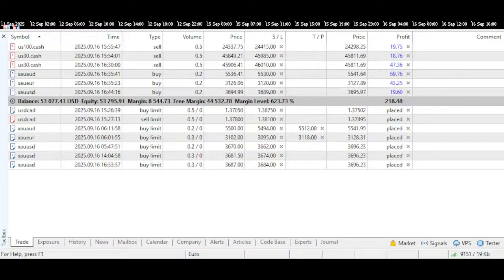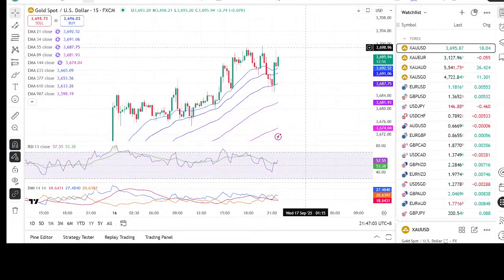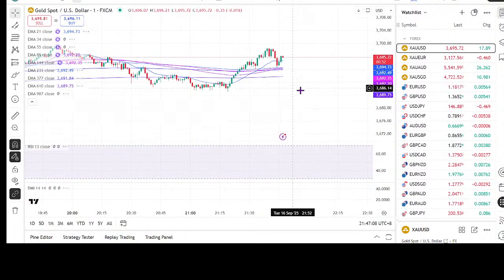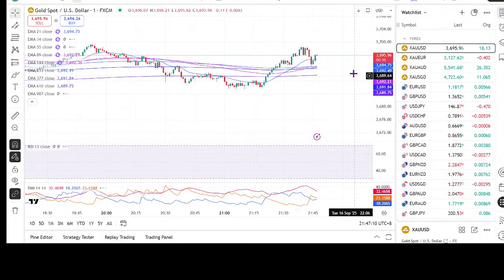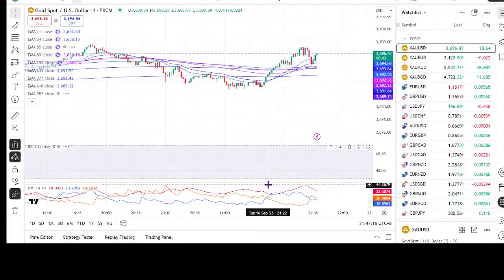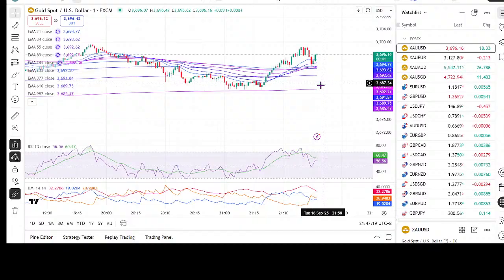We need to see a clear break of this level. So we'll just have to stay focused and watch the 1 minute to see whether it gives us the confidence, or is giving us what we expected. If not, then you may want to decide to close.